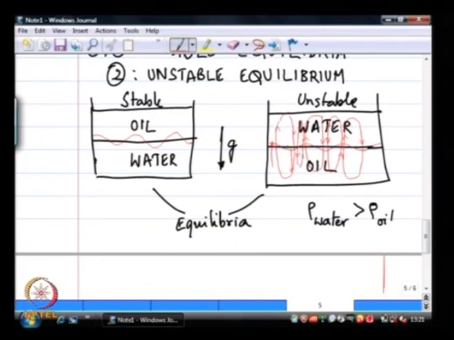So, as soon as I perturb the meniscus slightly, I will create these rolls. What I mean by a roll is a condition where the heavier fluid wants to come back down to the bottom of the trough and the lighter fluid wants to rise up, because that is the more favored equilibrium condition.